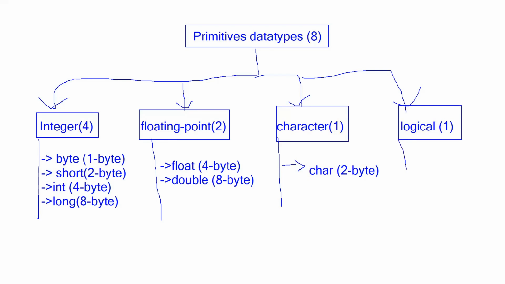There is a data type which deals with logical values like true or false, whose size is 1 bit, because they deal with true or false. So like this, we have 4 categories of Java-provided primitive data types: integers, floating point, character, and logical.